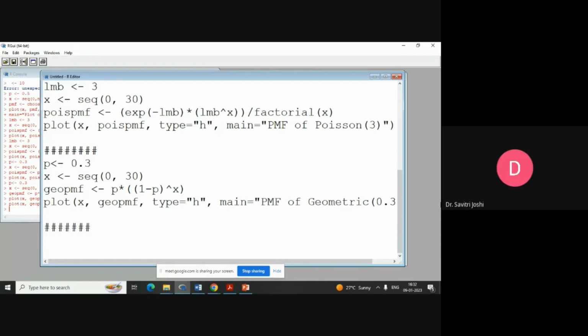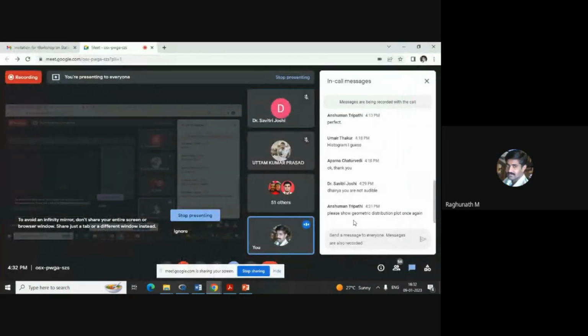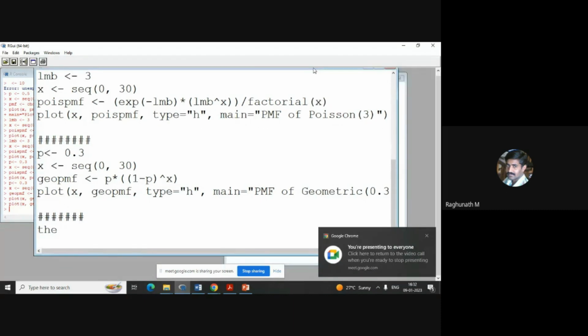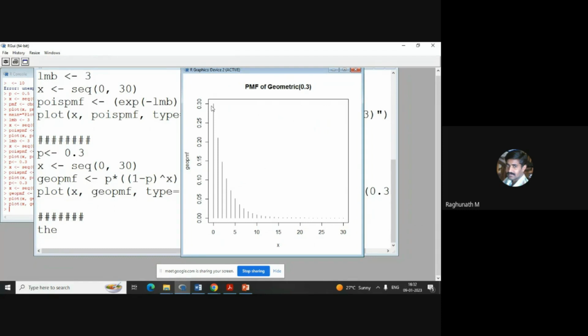Sir, there's a question in the chat box regarding geometric distribution. So, geometric plot once again. Yeah, the plot is here. I will be showing. So this is a plot. You can observe there is a decay, exponential decay we call.